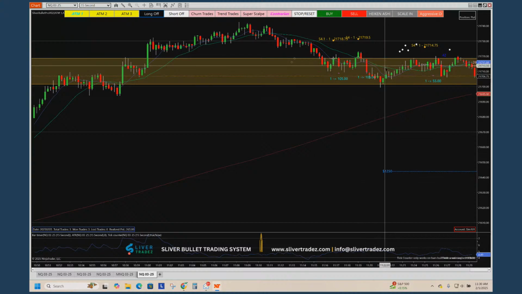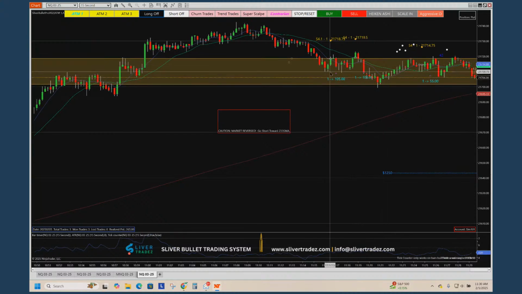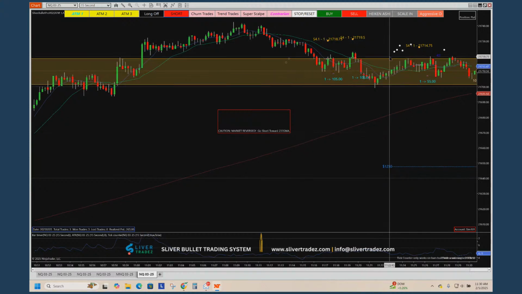Looks like market would like to come down further. So turn my short on, because it swept the liquidity from top.